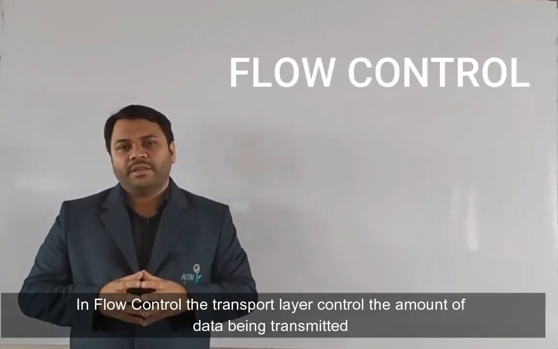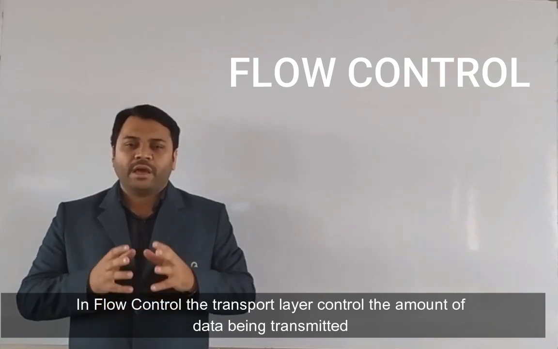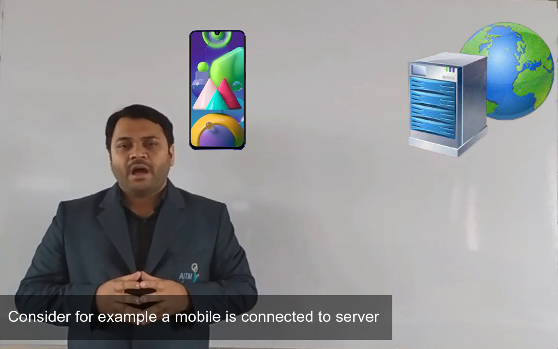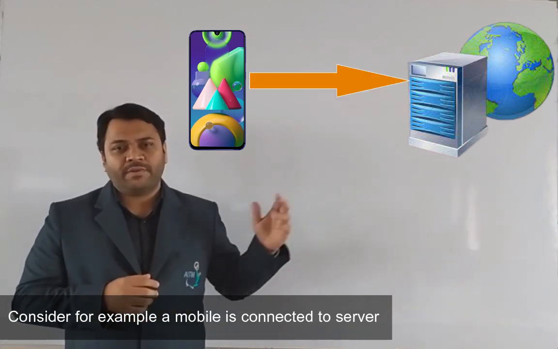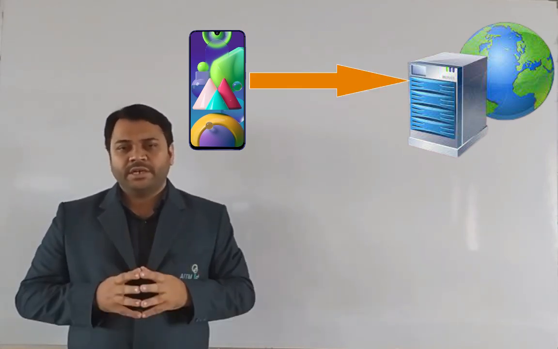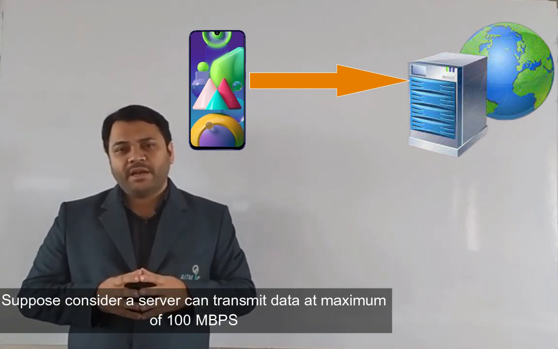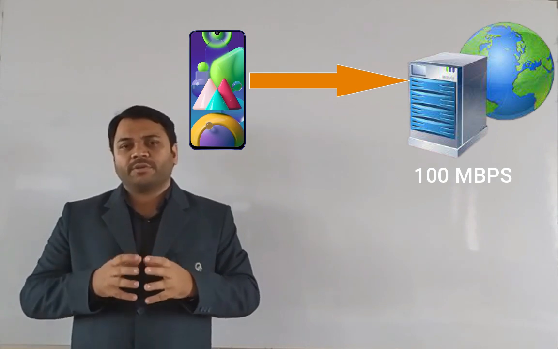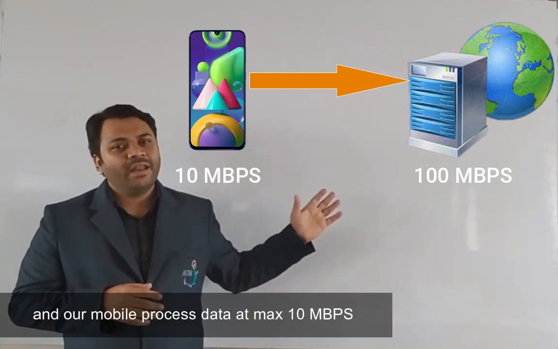In flow control, the transport layer controls the amount of data being transmitted. Consider for example, a mobile is connected to a server. Suppose the server can transmit data at a maximum of 10 Mbps and our mobile processes data at a maximum of 10 Mbps.